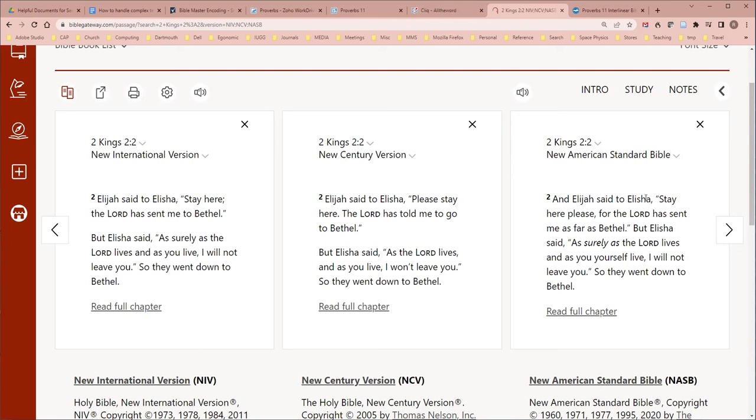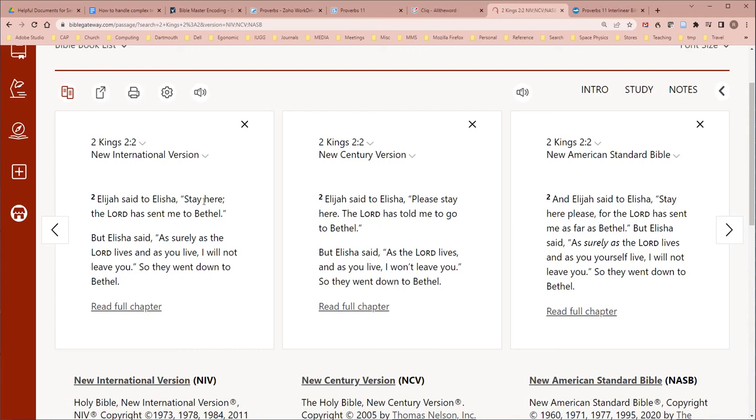Now note that the more literal versions, the NIV and the NASB, use what we call the perfect here, has sent. The perfect is something that we don't automatically assume can be used in a target language, because not all languages use the perfect.